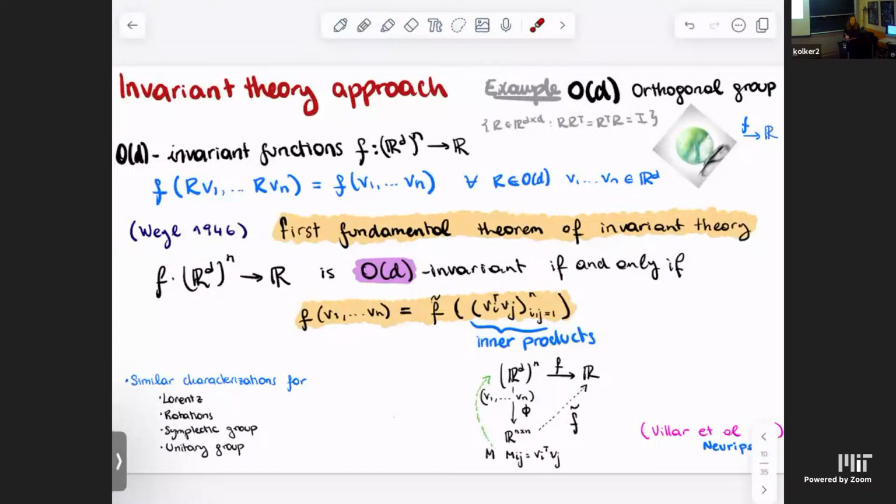That is a complete characterization of all the invariant functions. So any function that is invariant is a function of the inner products, and every function of the inner products is invariant. The second part is easier to see, because if you have a point cloud and you rotate or reflect everything, the inner products don't change. Yes.